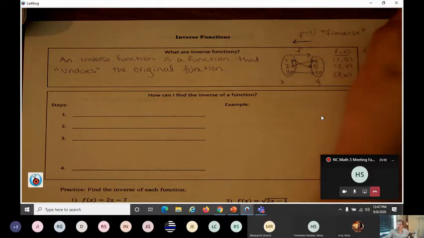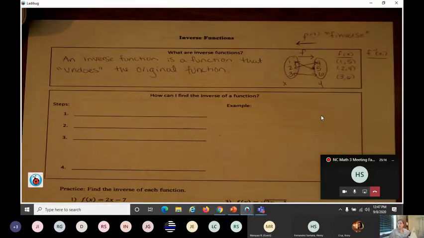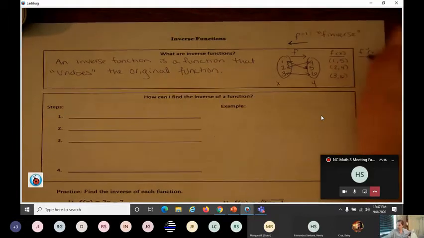But then our f inverse function flips all of those points. They're going to go in the opposite direction. So my inverse function is going to have 5 to 1, 4 to 2, and 6 to 3.